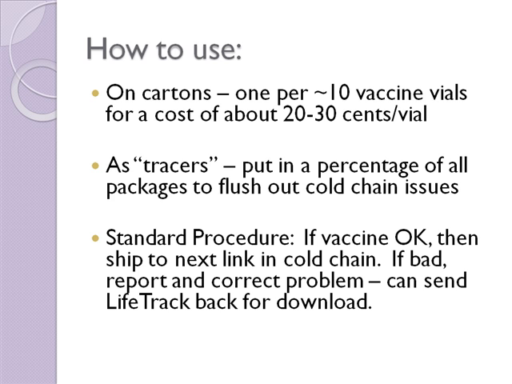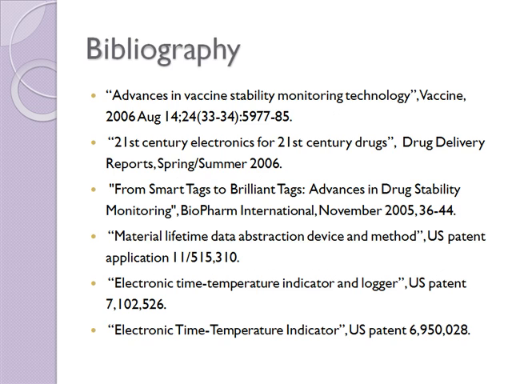Don't ship it to the next link of the chain, but instead take the LifeTrack unit and either analyze it on the spot or else send it back to the factory where it can be downloaded, and again, people can determine exactly what happened, and chances are a lot of people can adjust their refrigerators when this is first introduced.